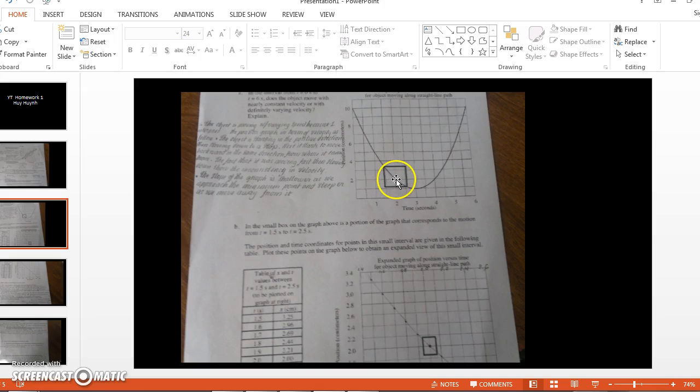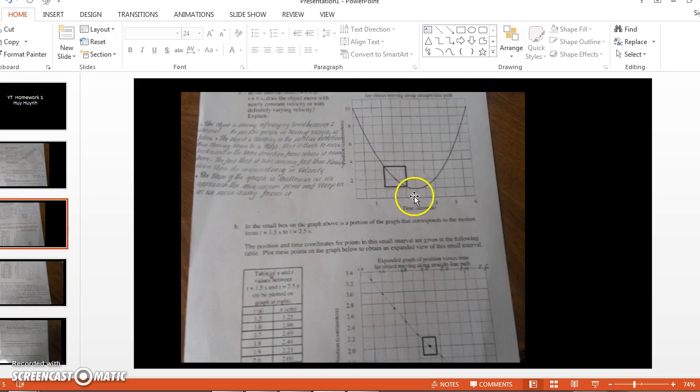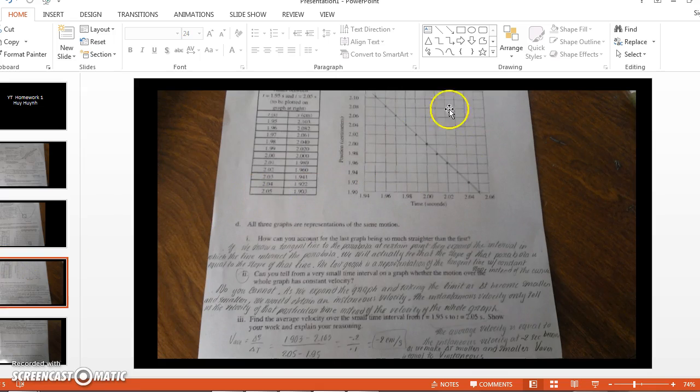So the slope at that point is going to be equal to the slope of the tangent line that intersects that point. The last graph, which you can see here, is a representation of the tangent line instead of this curve. So that explains why this graph is so much straighter than the first.